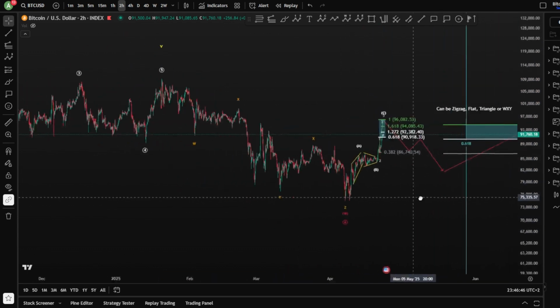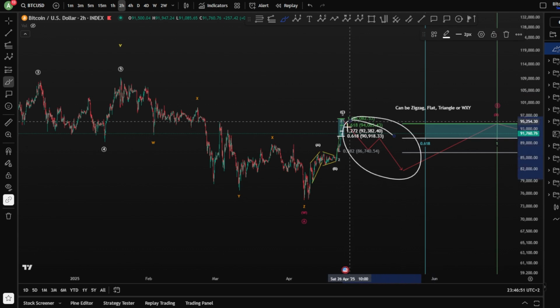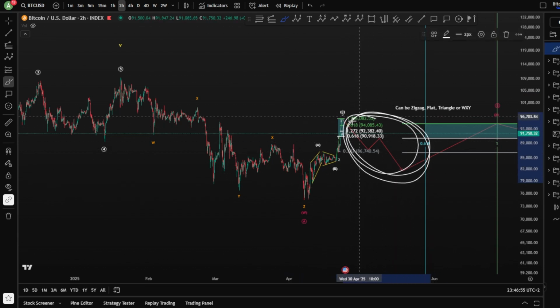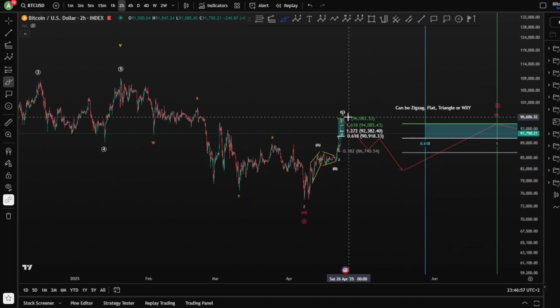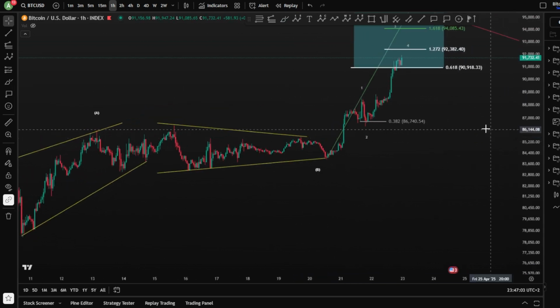Now, which one has the highest possibility remains in the reaction of the market after the top here. On the 1 hour chart, of course, the micros, we are still looking at higher prices.